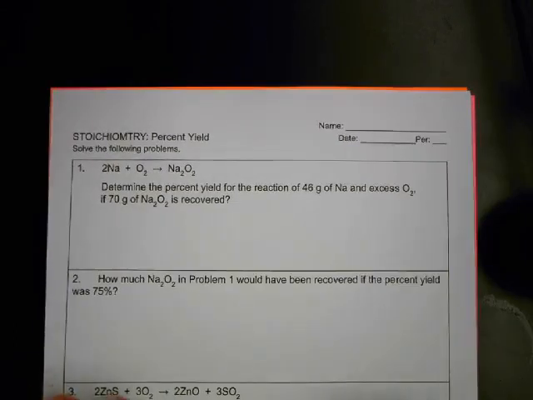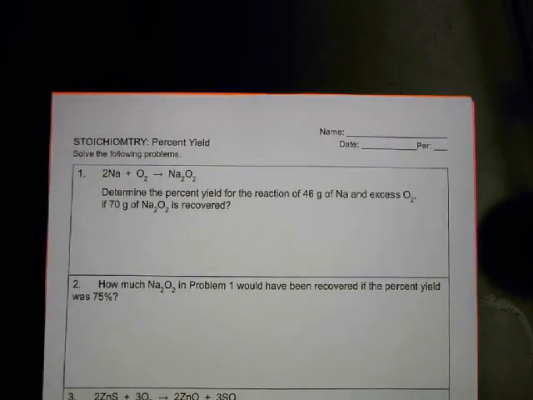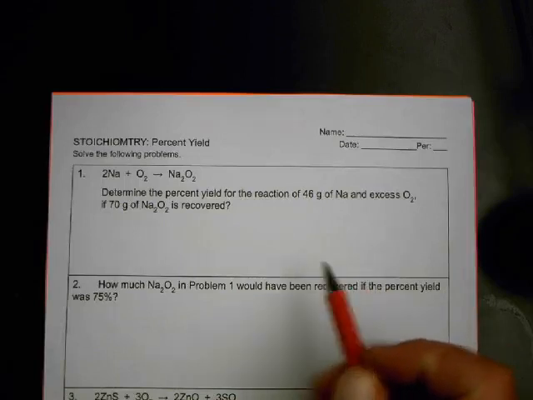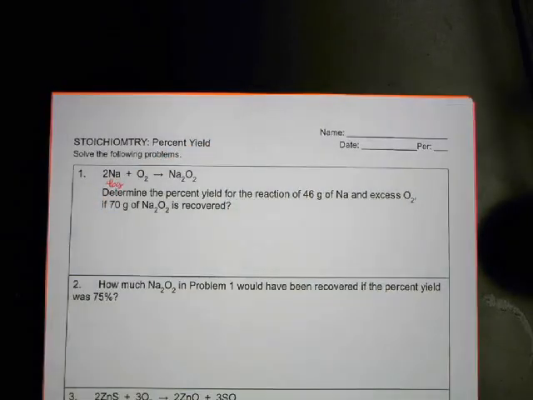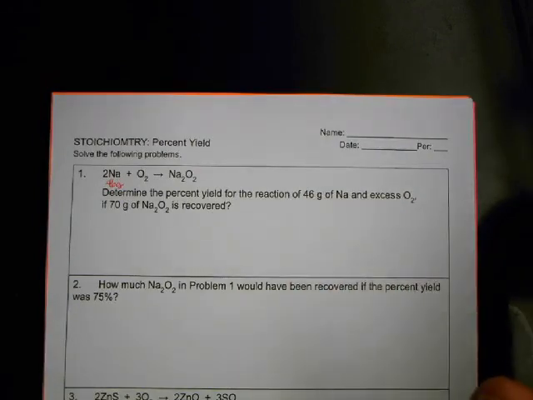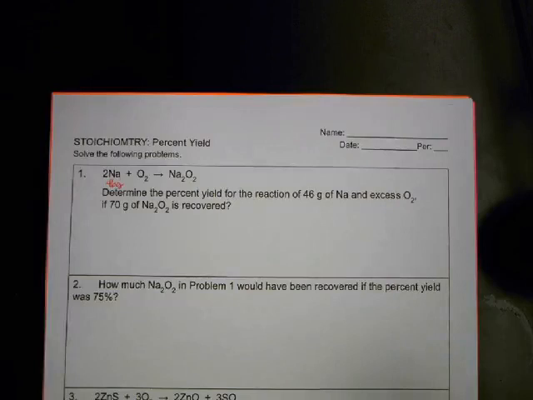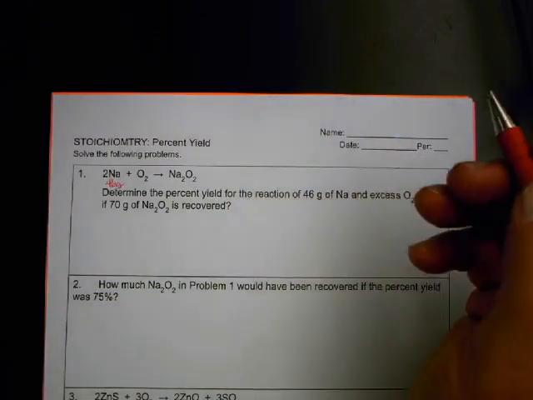So, as I've mentioned before, first thing you want to do is a little bit of annotation of your problem. So we've got 46 grams there. We have excess O2, so we don't have to worry about a limiting reactant as we were talking about last time.